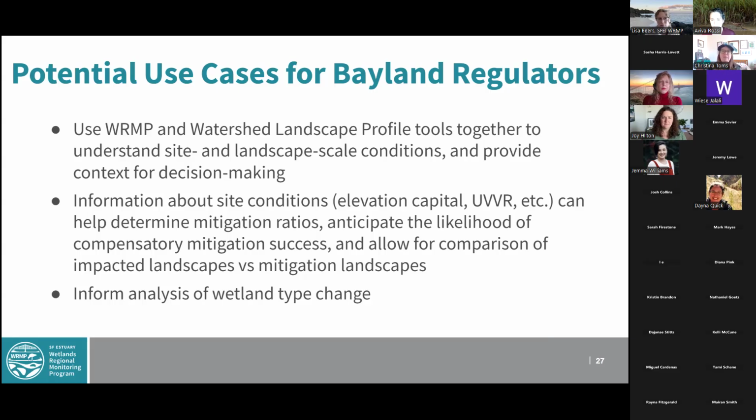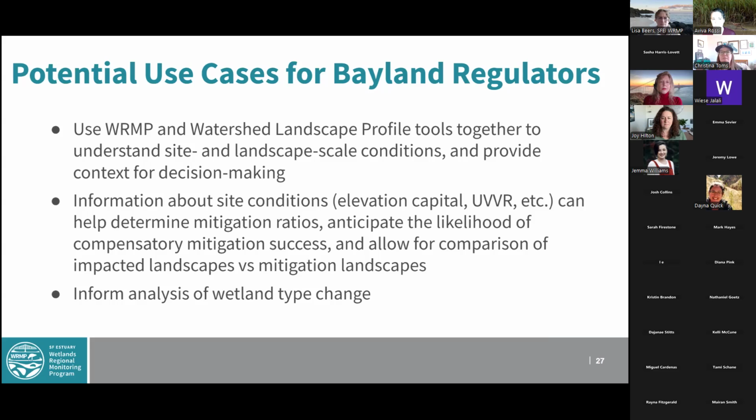They can provide information about site conditions, like elevation capital, the ratio of vegetated to unvegetated marsh. And this information can help determine mitigation ratios. It can help decision makers anticipate the likelihood of compensatory mitigation succeeding and achieving its target functions and values, and allow for comparison between the functions and values of impacted landscapes versus the mitigation wetlands.